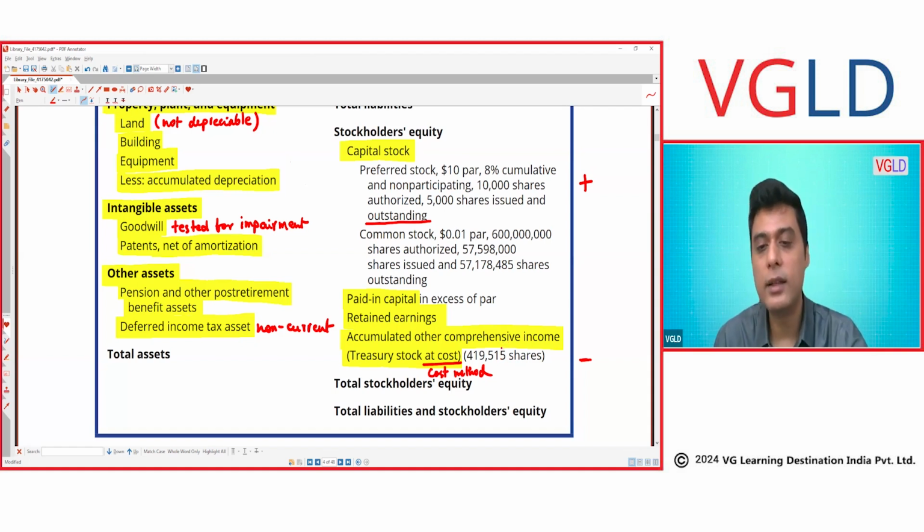And your answer, if you know this, is this is cost method. When treasury stock has been deducted at the end, it is cost method. In the par value method, what happens is it is deducted right here in the less treasury stock.